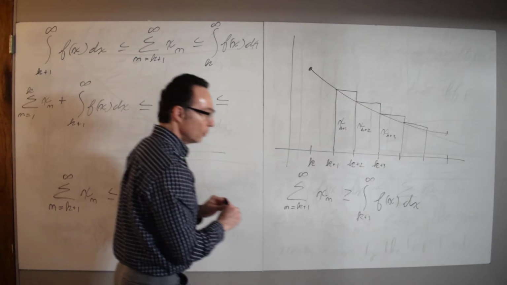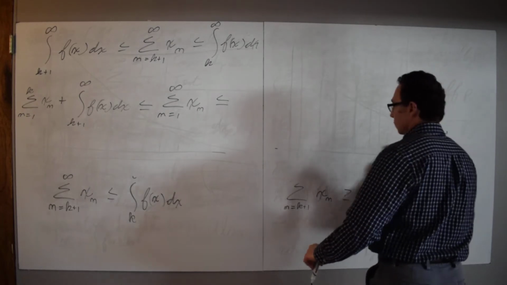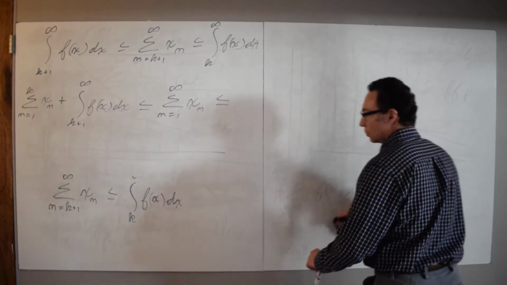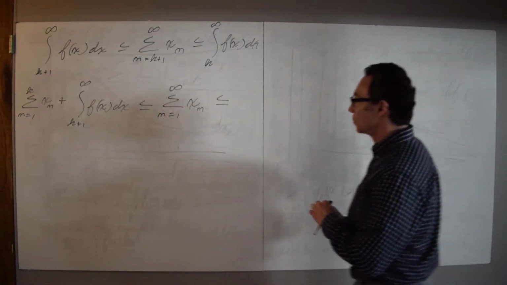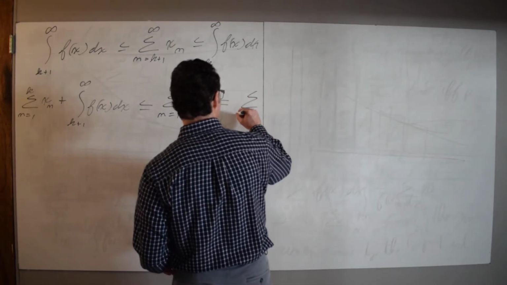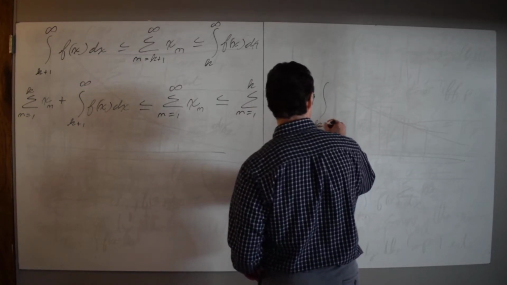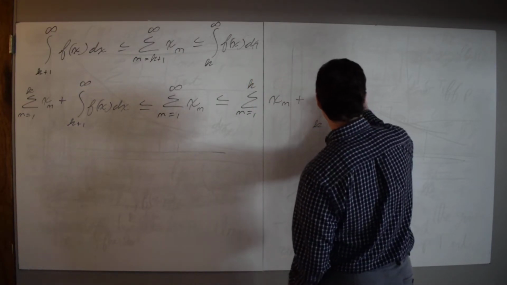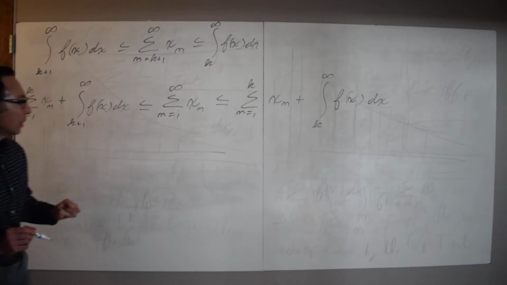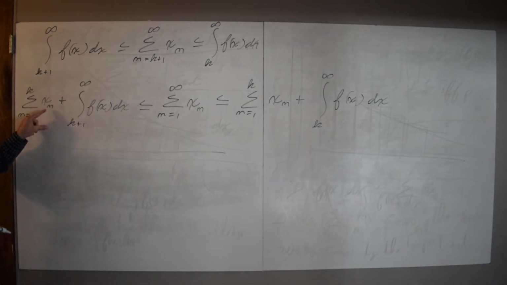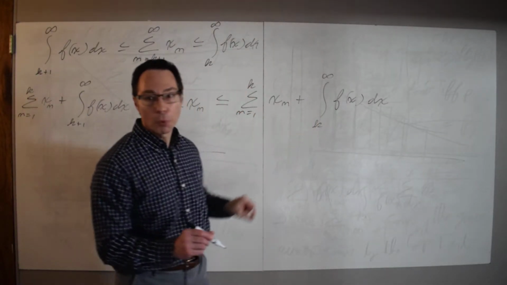That is less than or equal to the sum of n equal 1 to k of x_n plus the integral from k to infinity of f of x dx. So the sum that we're interested in is in between this sum plus this integral and the same sum plus this other improper integral.